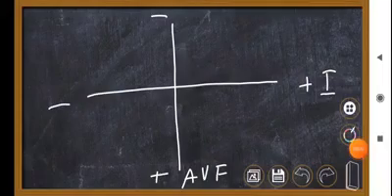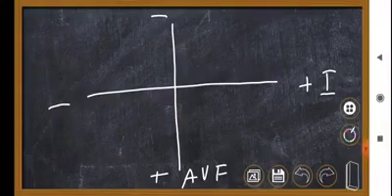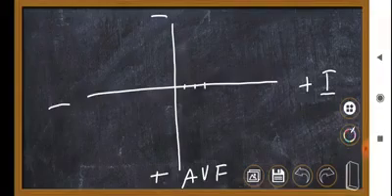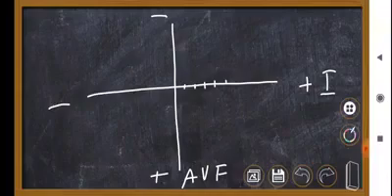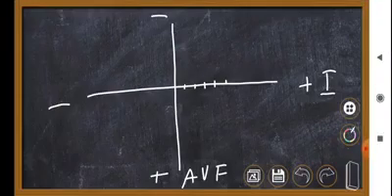Now I'm going to mark these values on this axis. In lead 1 it was plus 5, so I will draw 1, 2, 3, 4, 5 here, and in AVF it was minus 3, so it will be in this direction. So I will draw 1, 2, 3, minus 3.